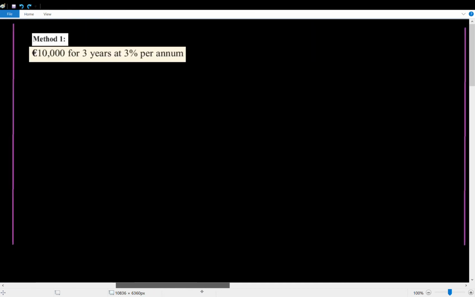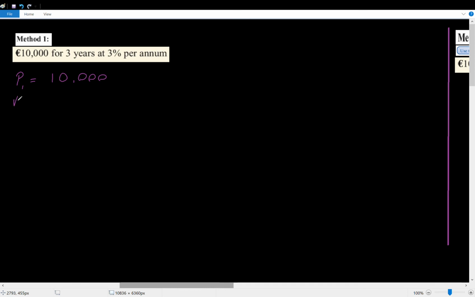Our question is this one here. We have 10,000 euro that is going to be invested for 3 years at 3% per annum. And we're going to calculate all this out. So our principal amount, our P1, is going to be equal to 10,000 euro.